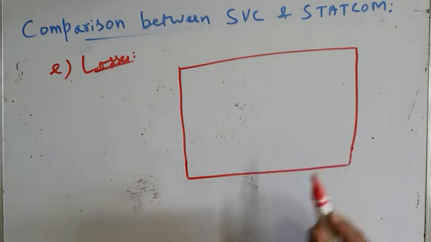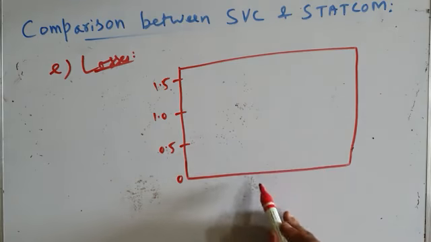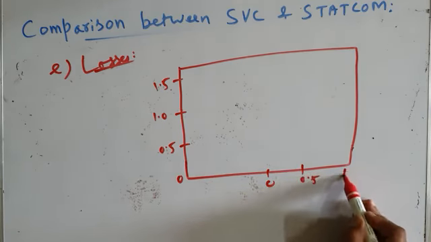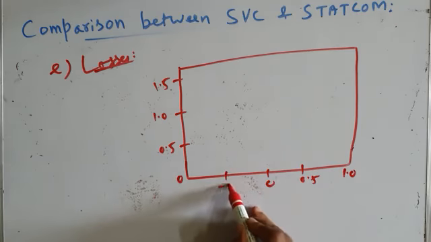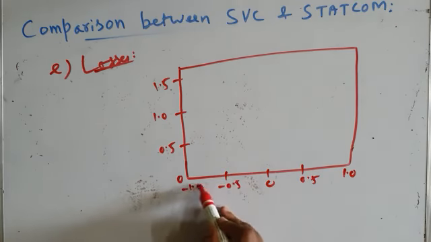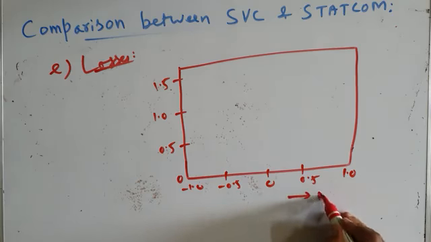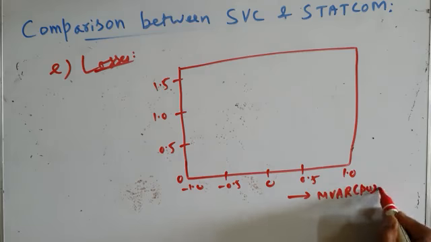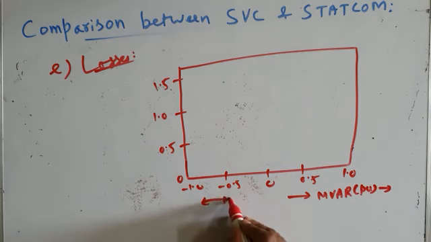This is 0, 0.5 per unit, 1, 1.5, and this is again 0, 0.5, 1.0, minus 0.5, minus 1.0. This is MVA reactive in per unit, and this is MVA capacitive in per unit.